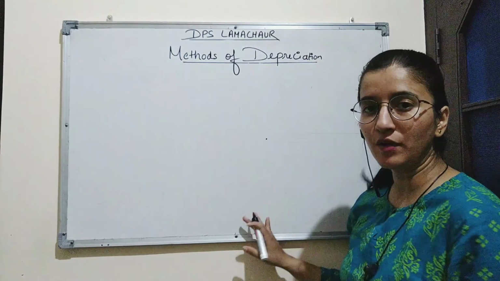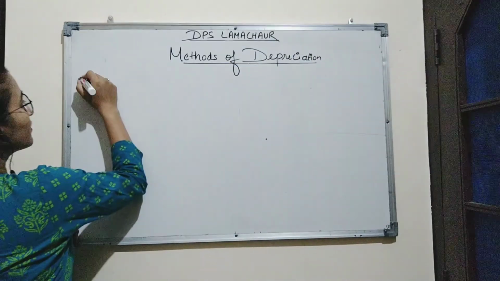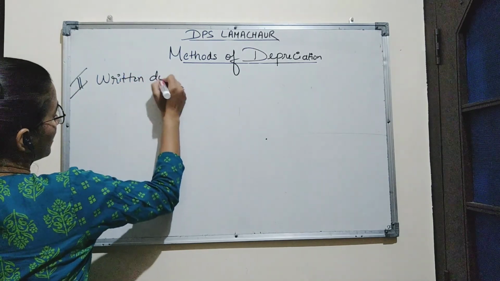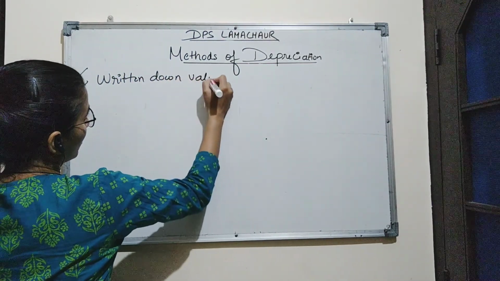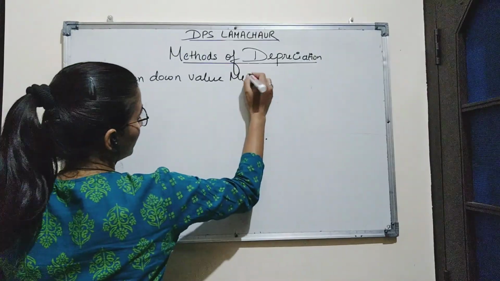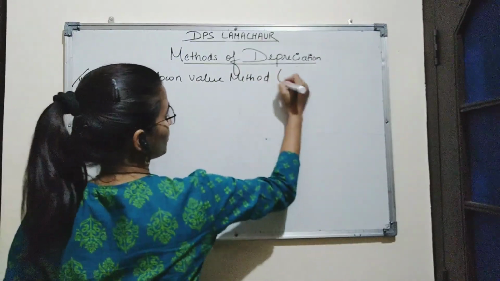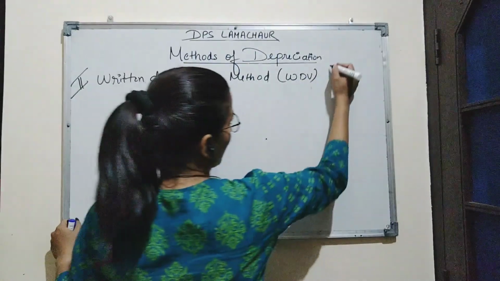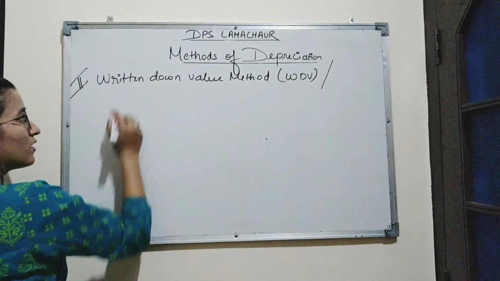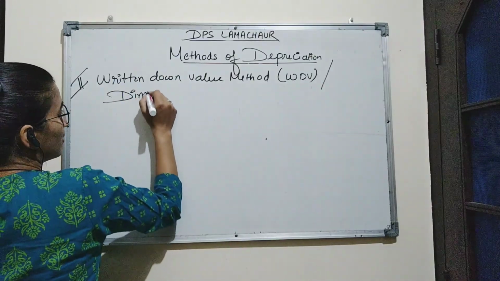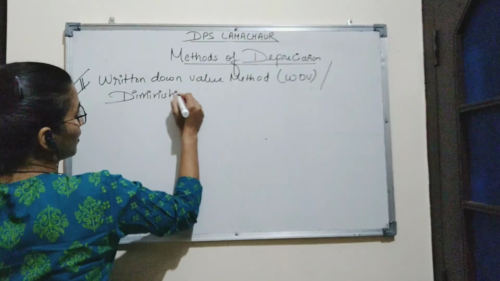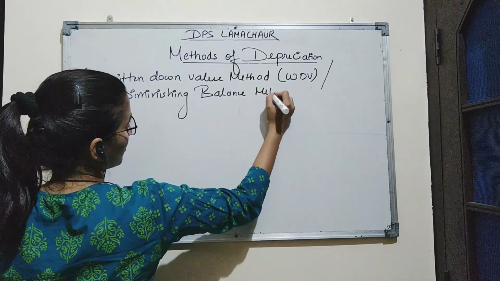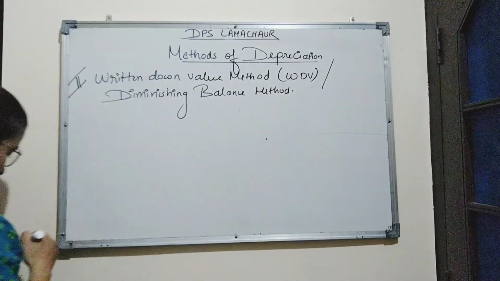The second method of depreciation is written down value method, which is also known as WDV, and this method is also known as diminishing balance method.